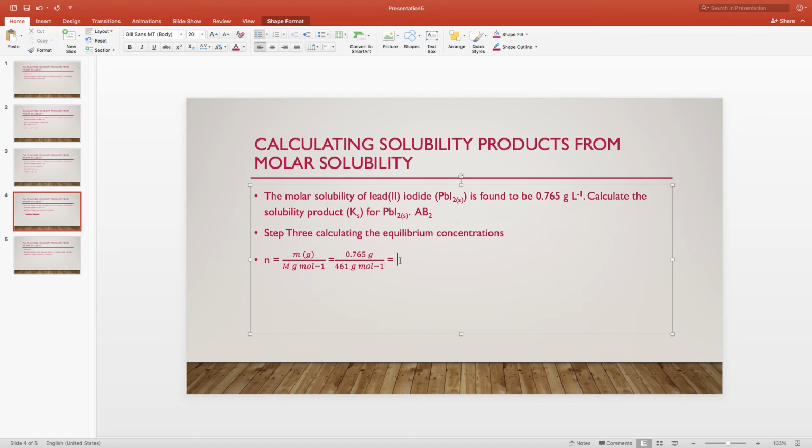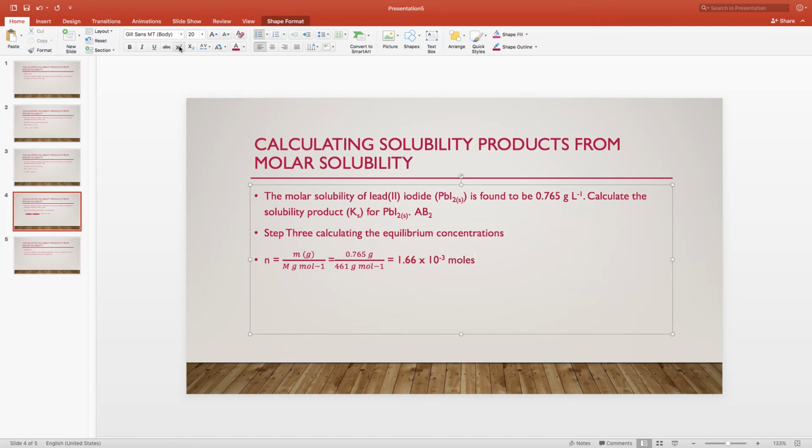It's going to be a very small concentration, so 0.765 divided by 461 equals 1.66 times 10 to the negative 3 moles.